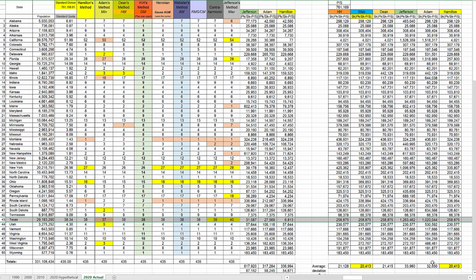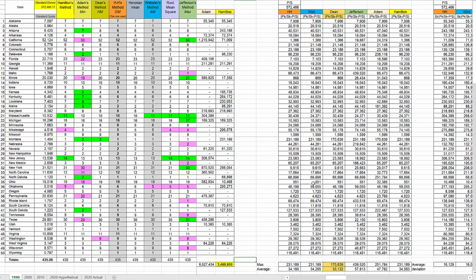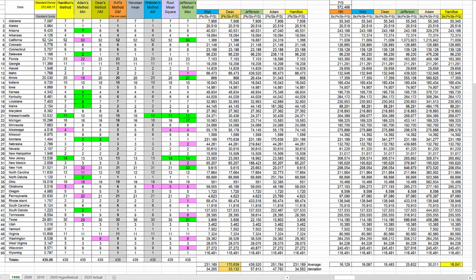It's Hamilton. If that makes sense. Let's just maybe look at a couple more years if it didn't. So again, if I look at people per seat minus the ideal, Dean wins. But if you now count how many times this happened, so multiply each of these by how many seats you gave out for each state for the given apportionment, Hamilton will now have the minimum.